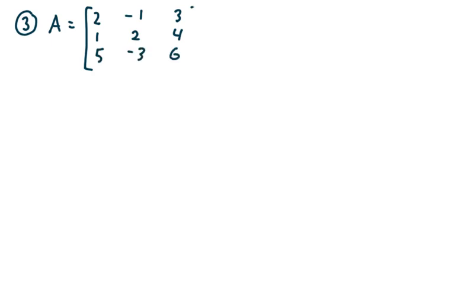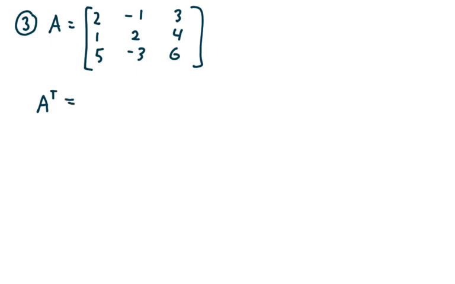Let's take a look at number 3. So here, A is the matrix 2, -1, 3, 1, 2, 4, 5, -3, 6.